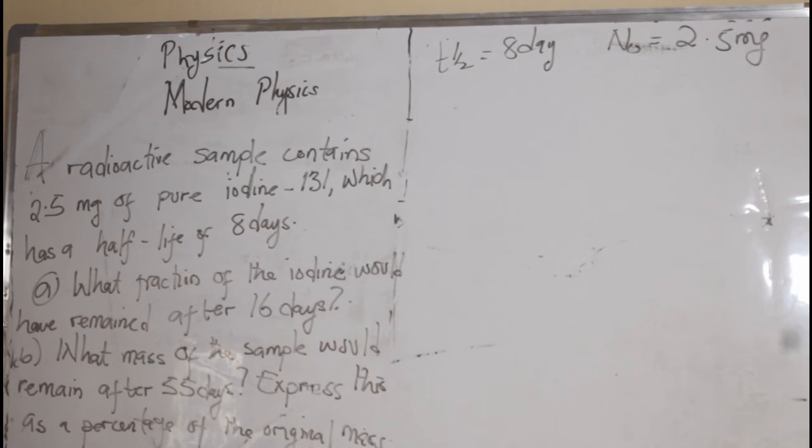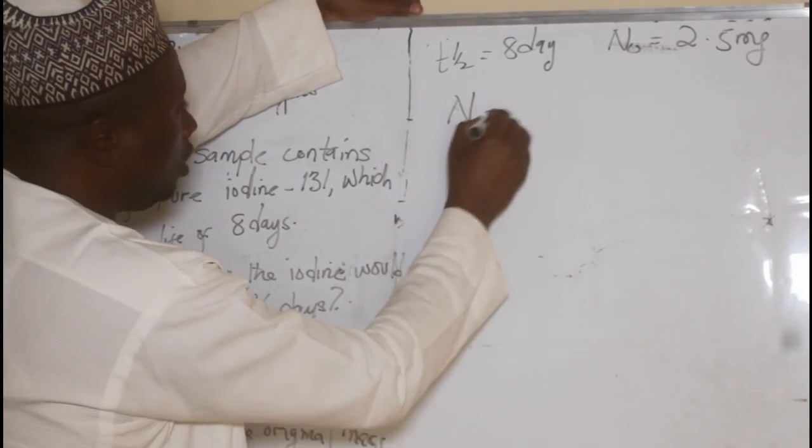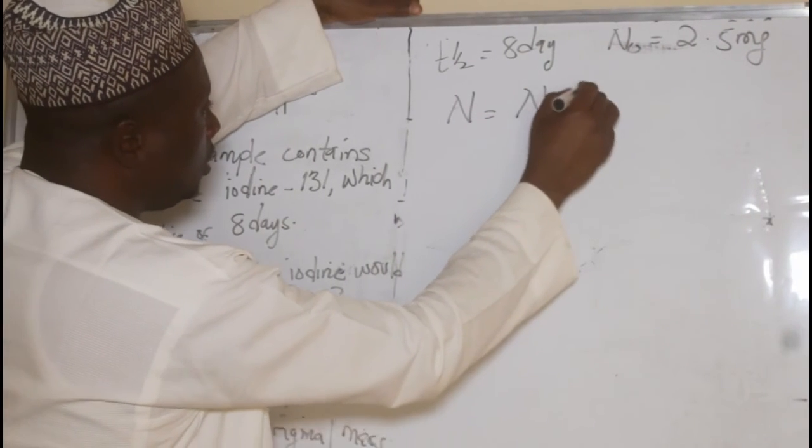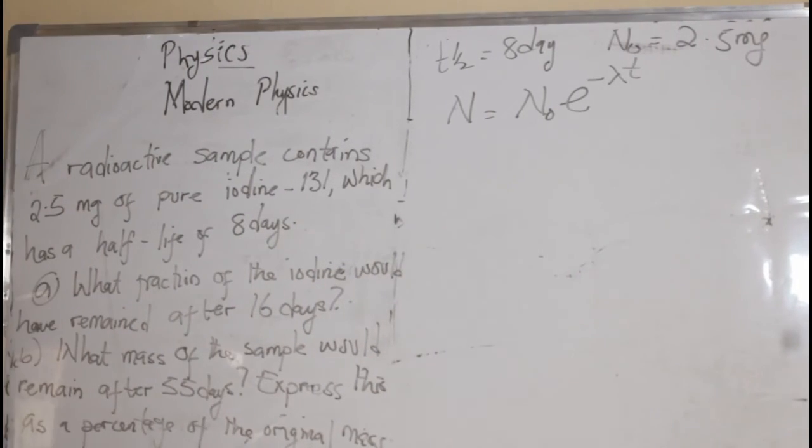So we apply the relationship which is available before us, and establish what is going to remain. The equation says N equals N naught e raised to minus lambda T. Is that okay?